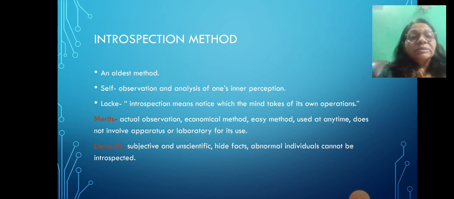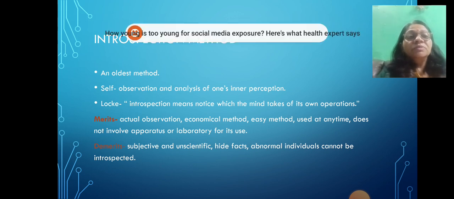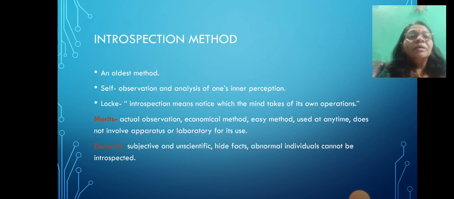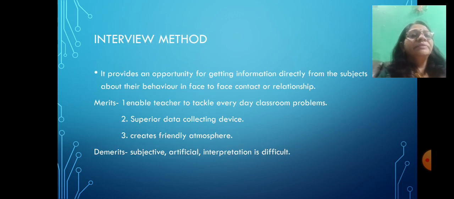It is also called self-observation and analysis of one's own perception. According to Locke, introspection means the notice which the mind takes of its own operations. Its merits are actual observation, it is economical, easy, and can be used anytime. Its demerits are that subjectivity is there, it is not very scientific, and it hides facts.